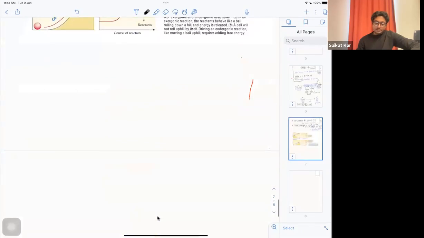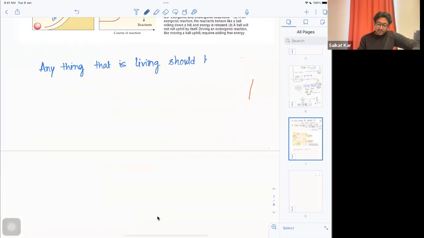Okay, so our point was, any object or anything that is living should be able to revert or I can say maintain orderliness in its structure.